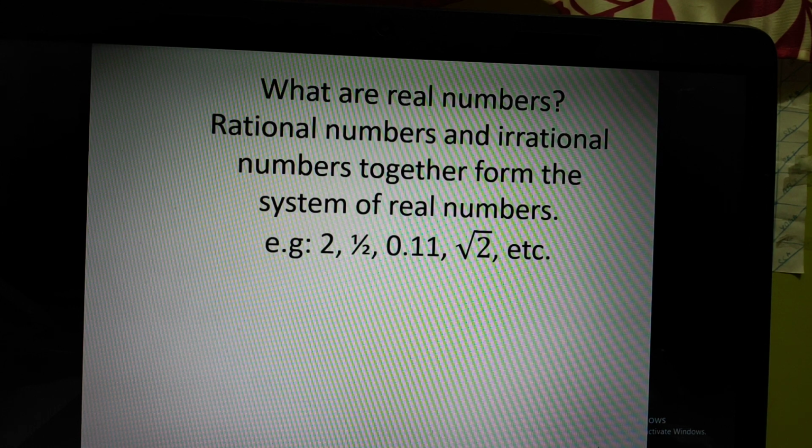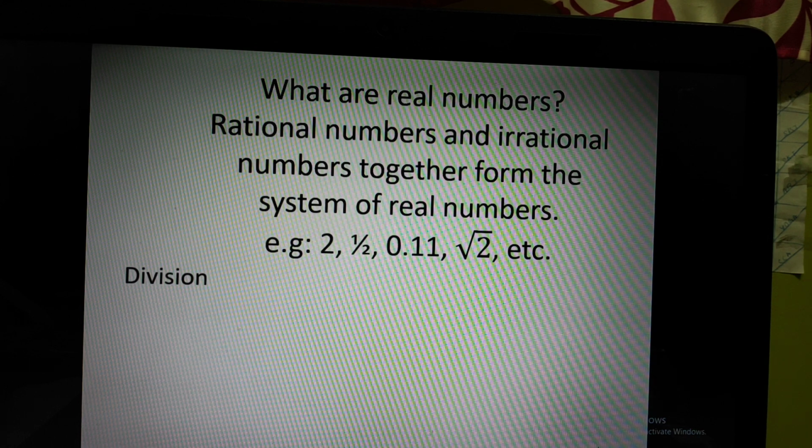Therefore, they are real numbers. And again, square root of 2 has a non-terminating, non-recurring decimal representation. Therefore, it is irrational and we call them real numbers.